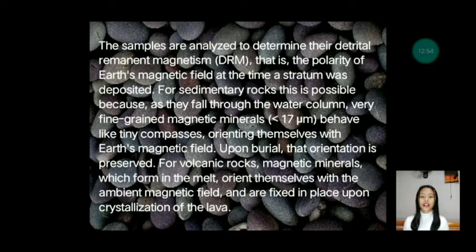Upon burial, that orientation is preserved. For volcanic rocks, magnetic materials which form in the melt orient themselves with the ambient magnetic field and are fixed in place upon crystallization of the lava.